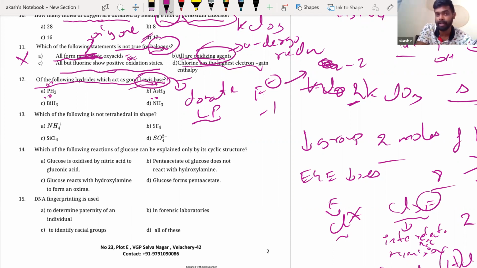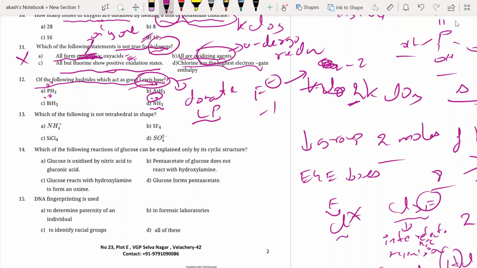If it is more electronegative, it would not be able to donate the electron, because this lone pair will be strongly attracted by the nitrogen. So this lone pair cannot be donated because nitrogen is highly electronegative, right?